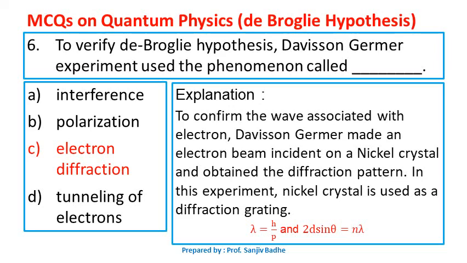So this is how Davisson and Germer performed an experiment based on electron diffraction to verify the de-Broglie hypothesis. So for this question number 6, option C, electron diffraction, is the correct option.